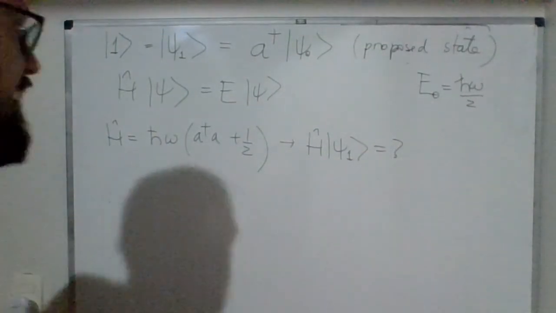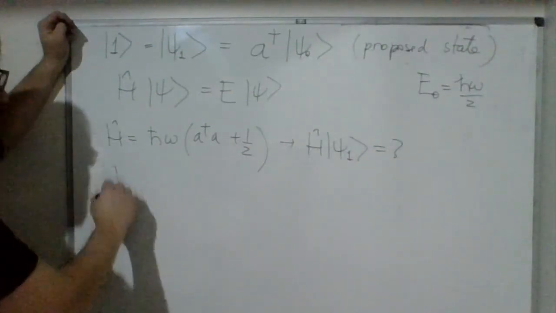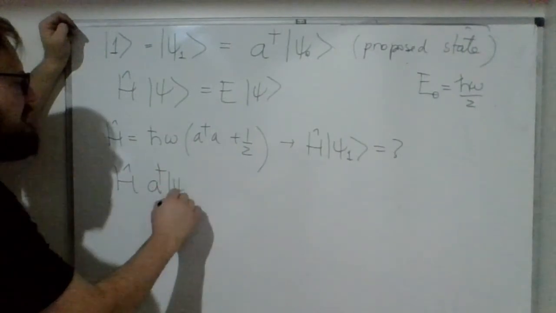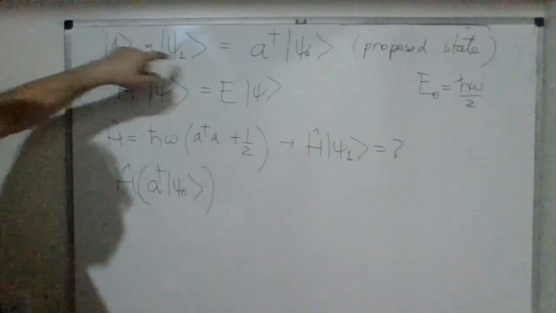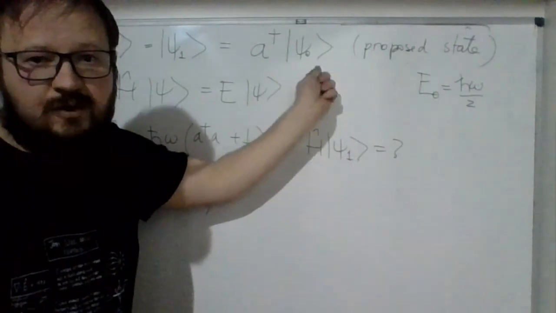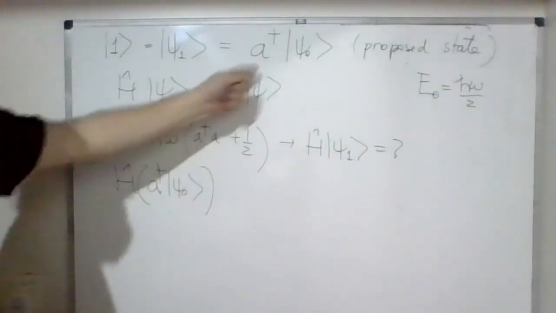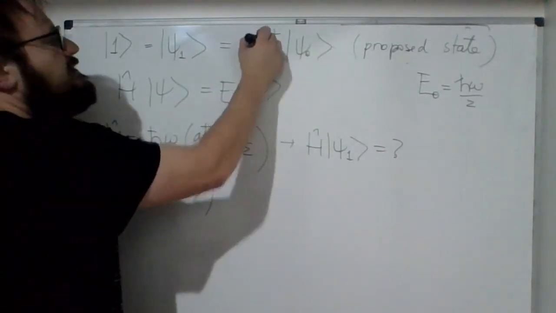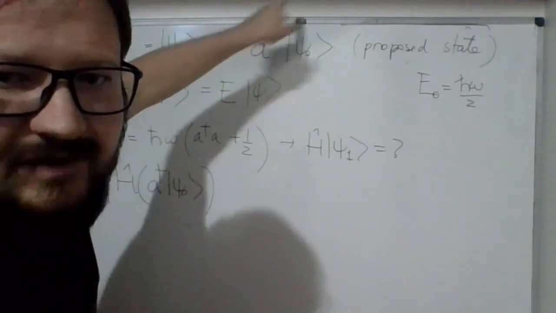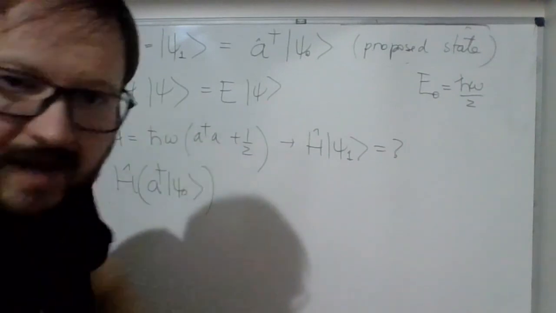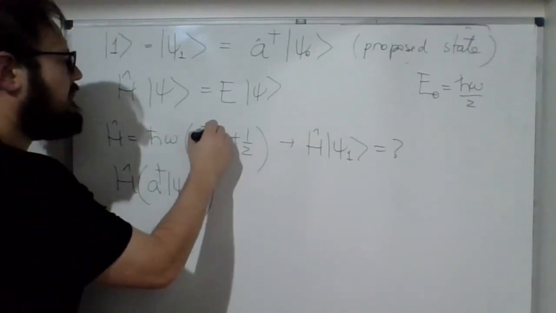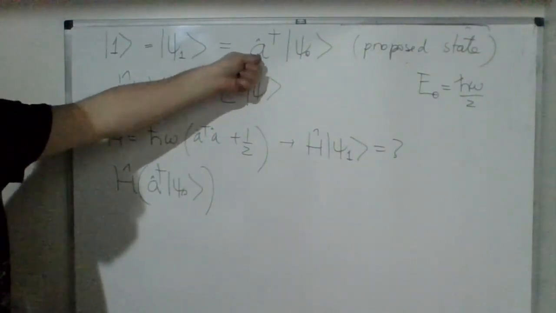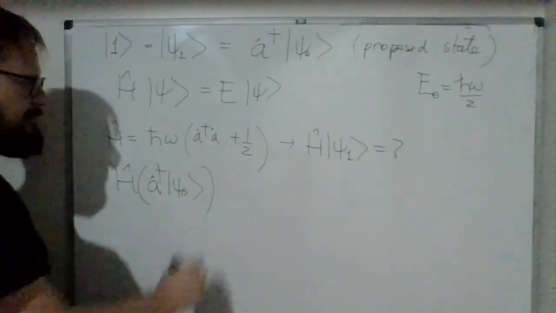So H, the Hamiltonian, applied to A dagger psi 0, because I can write the proposed state by this operator method as an A dagger applied to the fundamental state. I will always forget the hat in the operators, but just remember they are operators, right? I'm anticipating this is a creation operator, all right? So let us see what happens here.